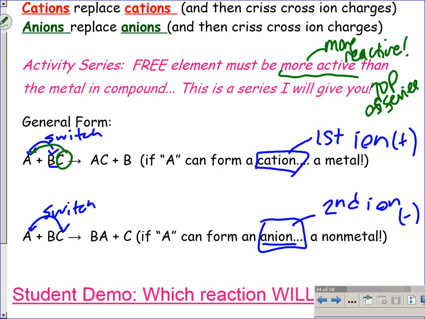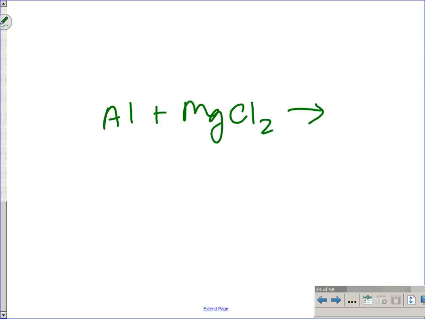So what if I was paired with, let's say, aluminum plus magnesium chloride. And I'm chlorine, that's me. I'm with magnesium. Would I want magnesium and aluminum to switch?